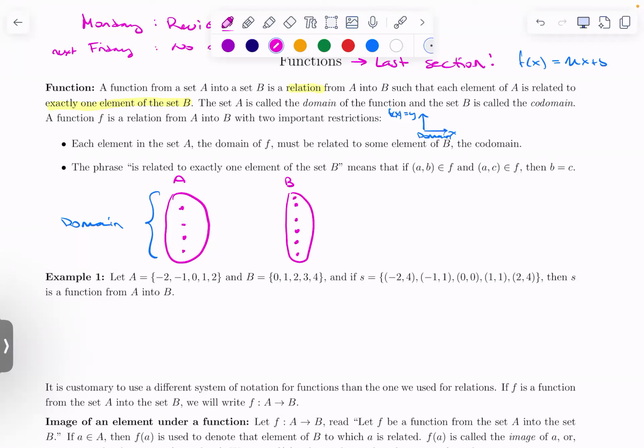Let's get crazy. 6, squeeze one in. Each element in A has to be related to some element in B. Okay. So it can look something like, we can do kind of the cleanest drawing of this because why not?